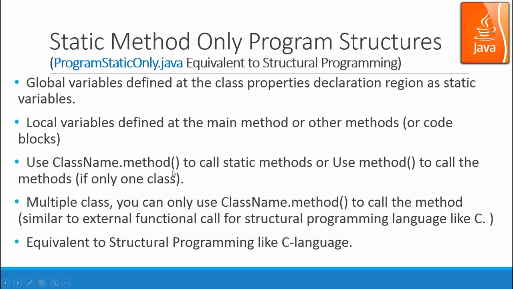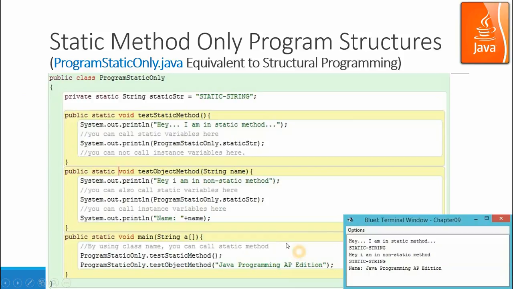Use class name.method to call static methods, or just the method name if only one class is used. With multiple classes, you can only use class name.method to call the method, similar to an external function call in a structural programming language like C. This is equivalent to structural programming like C.